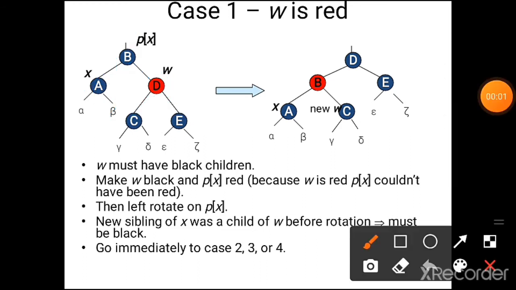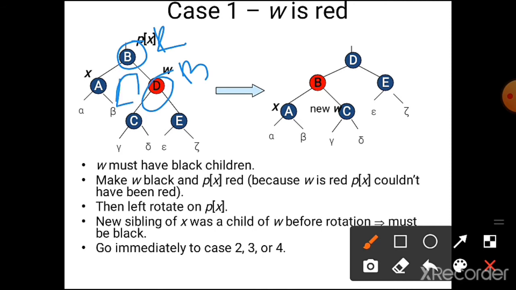Now B is red and W is black. So we perform a left rotation on the pair B and X. Left rotation means B is moved downwards and W becomes the root.